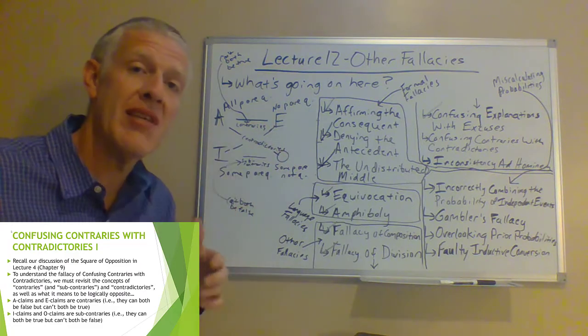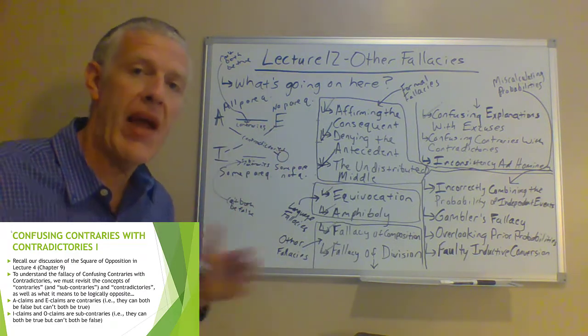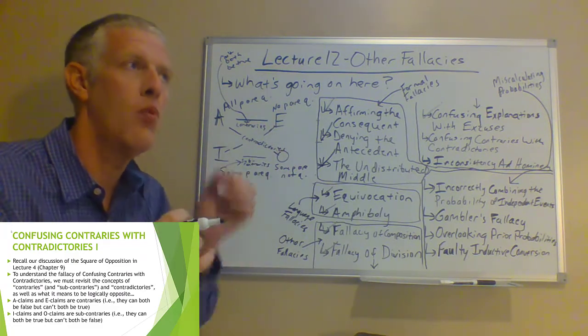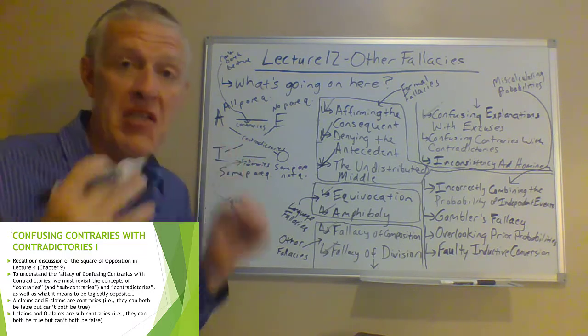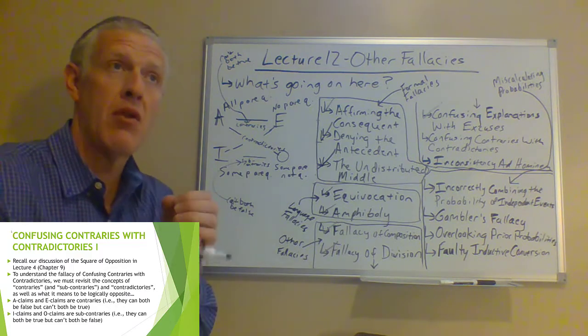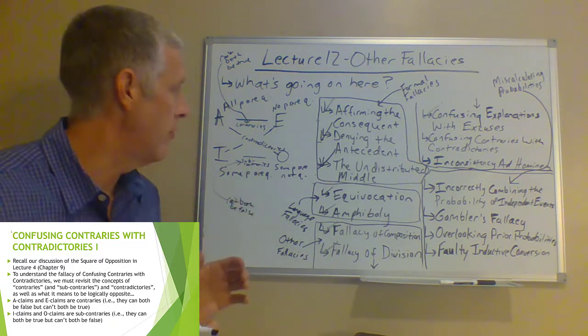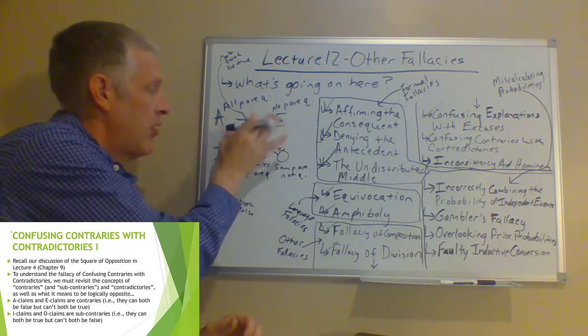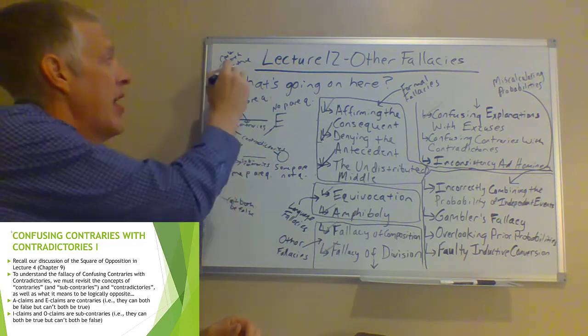Well, when we say something's logically opposite, that can't happen. What we ought to mean when we say something is opposite from something else is that, logically speaking, you can never have the same truth value. And that's not the case with respect to the contraries. Again, they can both be false. They just can't both be true.